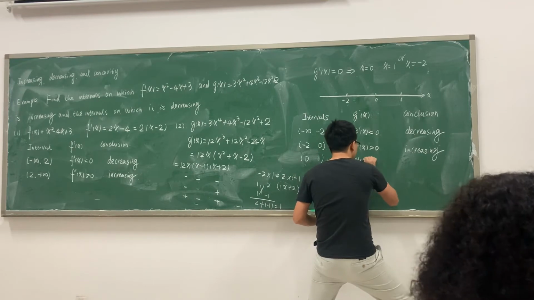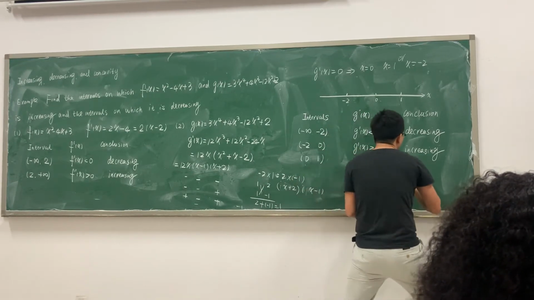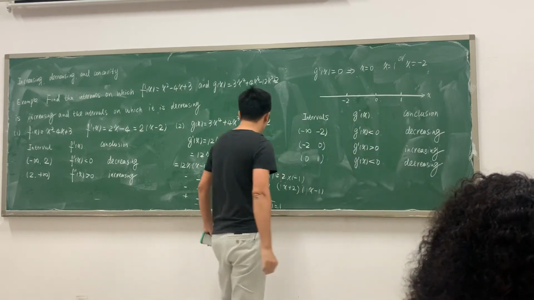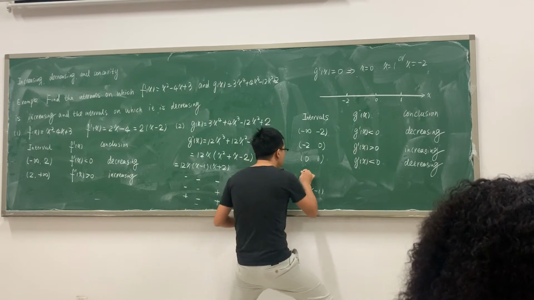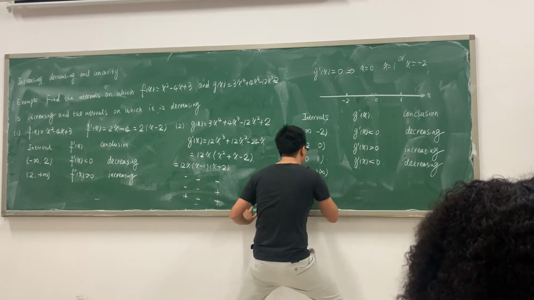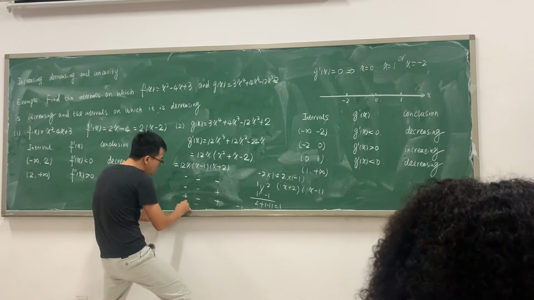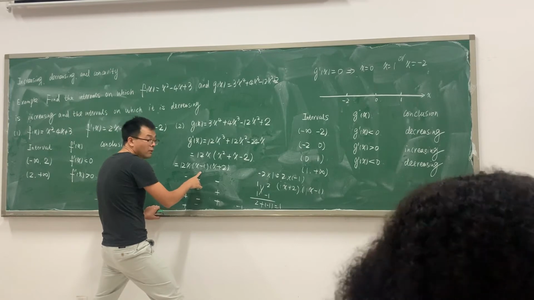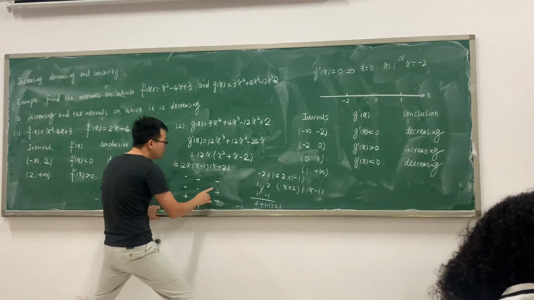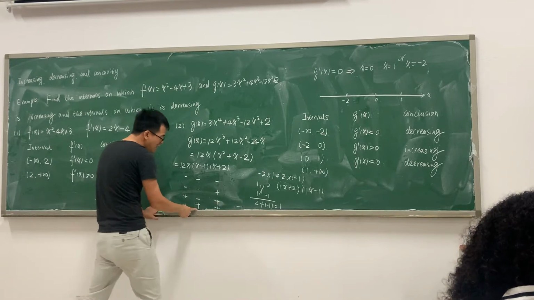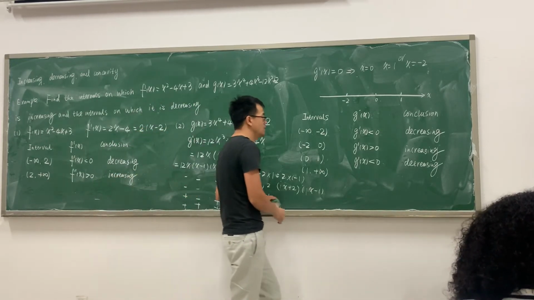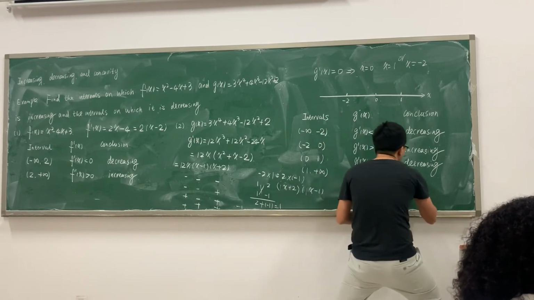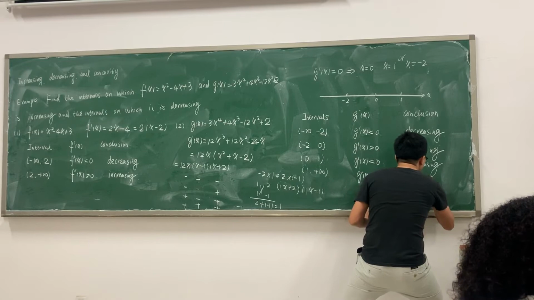So g prime is less than 0, so here it is decreasing. And the last interval is 1 to plus infinity. Here everything is positive, so g prime is greater than 0, so it is increasing.